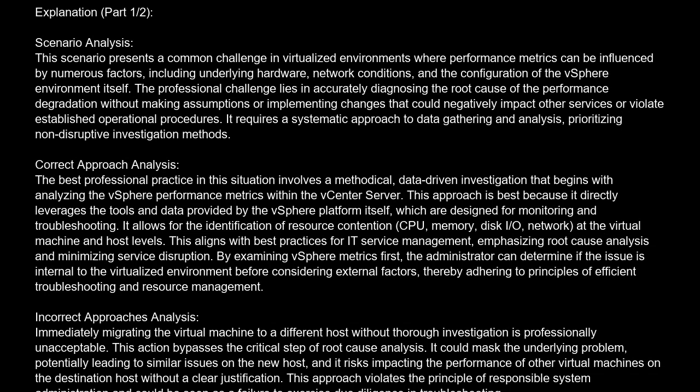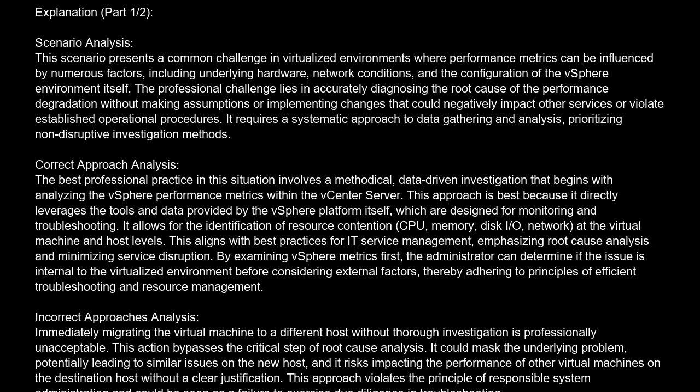The correct answer is B. Analyze vSphere performance metrics for the virtual machine and its host within vCenter Server. Explanation. Scenario analysis. This scenario presents a common challenge in virtualized environments where performance metrics can be influenced by numerous factors, including underlying hardware, network conditions, and the configuration of the vSphere environment itself.